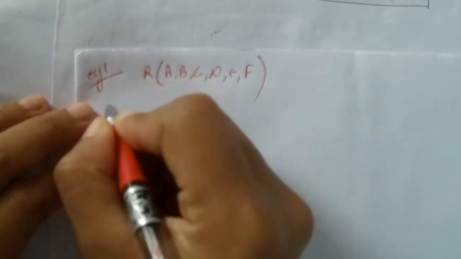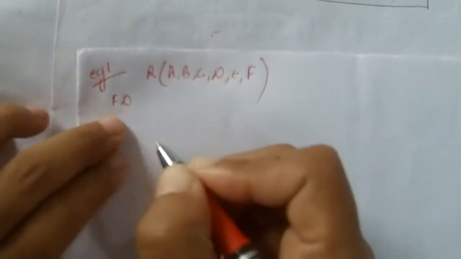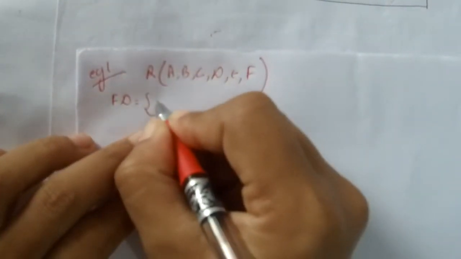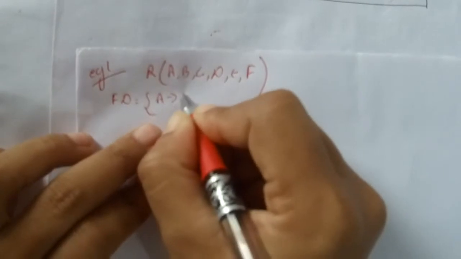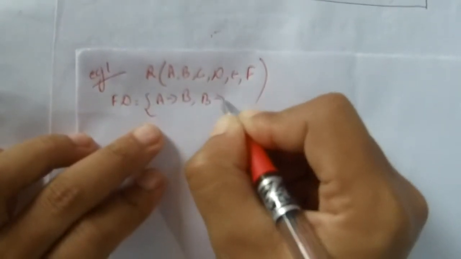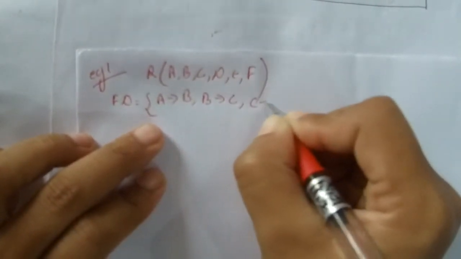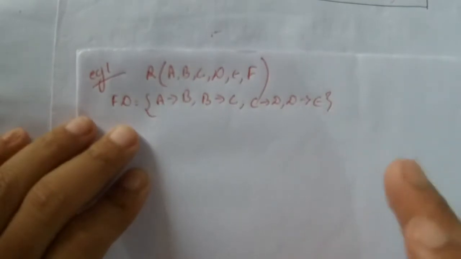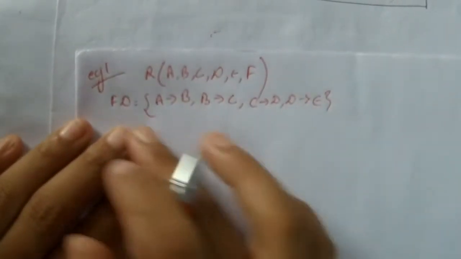The set of functional dependencies, FD meaning functional dependency, is given here. A determines B, B determines C, C determines D, D determines E. This is the set of functional dependencies given.